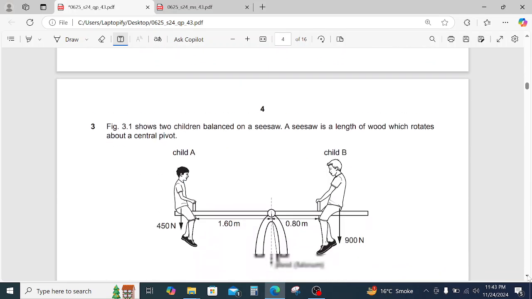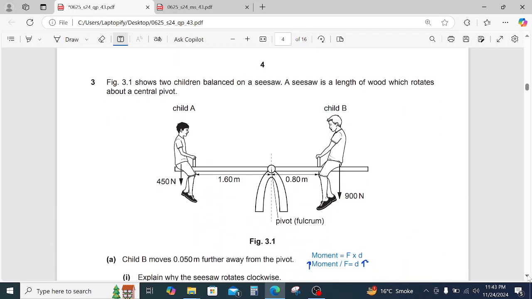Next is question number 3. This is the most important question of this paper, and it is related to the moment, turning effect of forces. Figure 3.1 shows two children balanced on a seesaw. A seesaw is a length of wood which rotates about a central pivot.